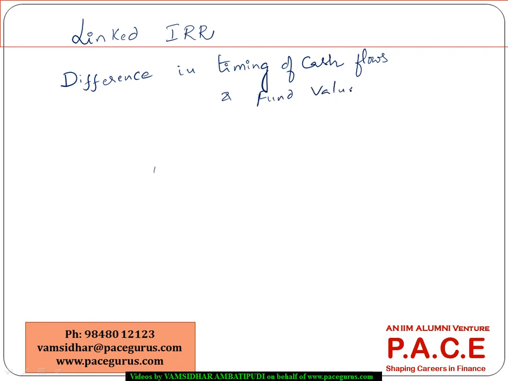So let's say you have invested some X now, some Y after 1 year, and Z after one more year. But let's say the fund value has been computed somewhere in the middle here and somewhere in the middle here.